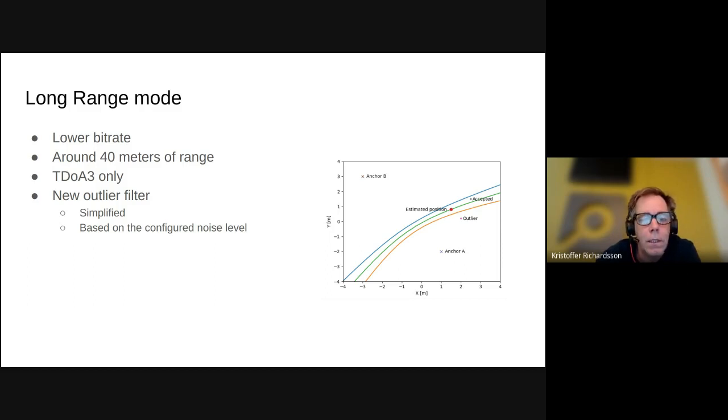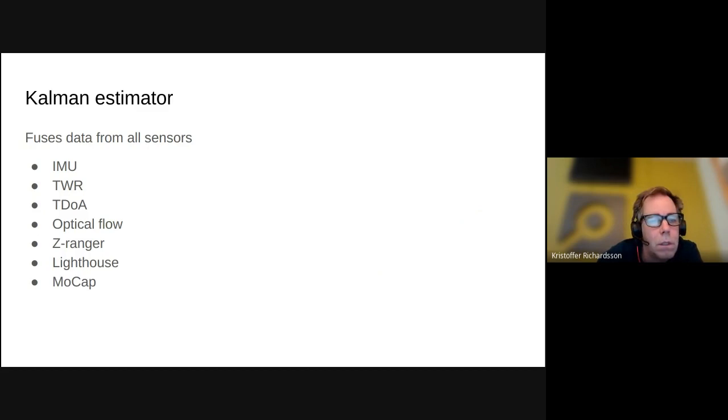Yes, let's see what other slides I have. Yeah, I mentioned the Kalman estimator, that we use for estimating the position when we have the local system. I just wanted to mention as well that it's used for all positioning. So also if you have an optical flow deck or Z ranger or a lighthouse system, all data is pushed into the same Kalman filter.